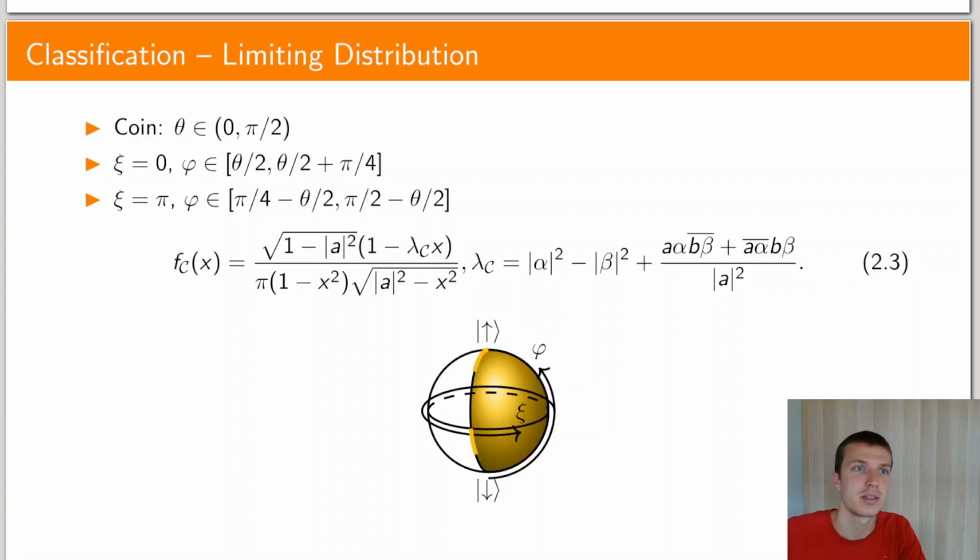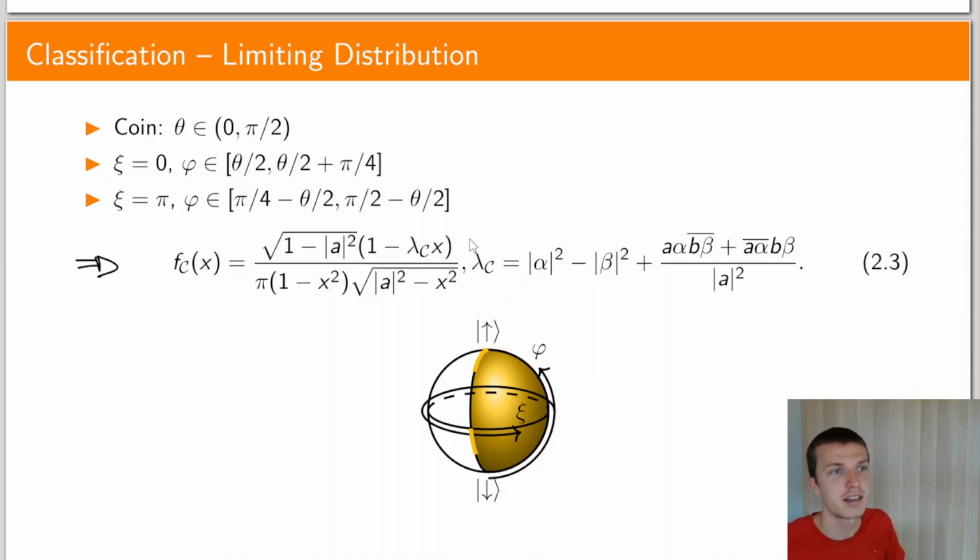We can make this unique by just classifying the limiting distributions. The limiting distributions are calculated in a work by Norio Konno, and those are the limiting distributions.